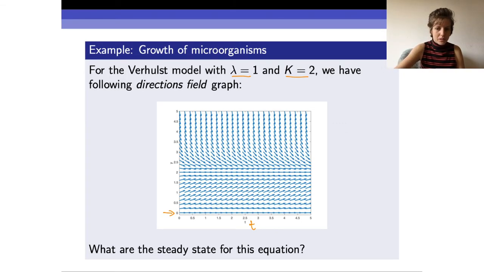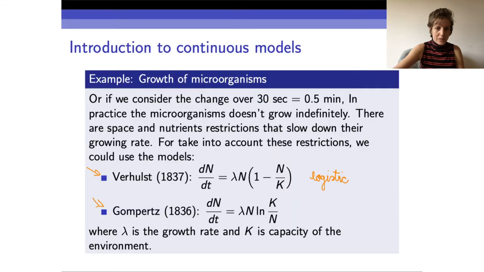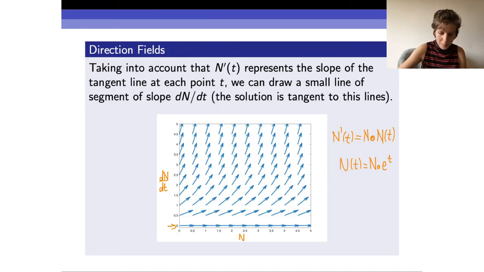Sorry, in this plot actually it's t over n of t, and then at each point here I put the tangent, the slope of the tangent line.